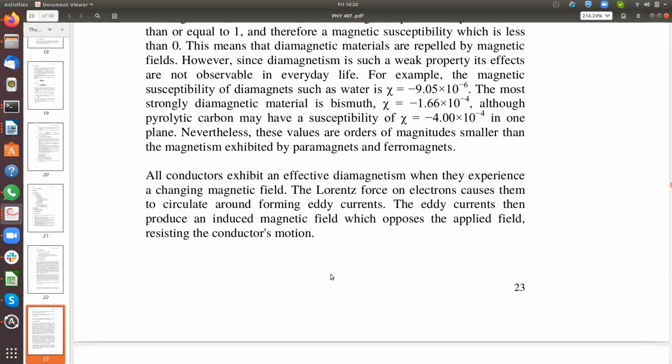So all conductors exhibit an effective diamagnetism when they experience a changing magnetic field. The Lorentz force on electrons causes them to circulate around, forming eddy currents. These eddy currents then produce an induced magnetic field which opposes the applied field, resisting the conductor's motion.